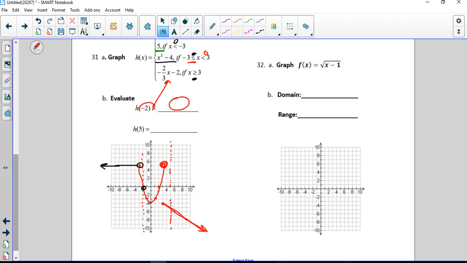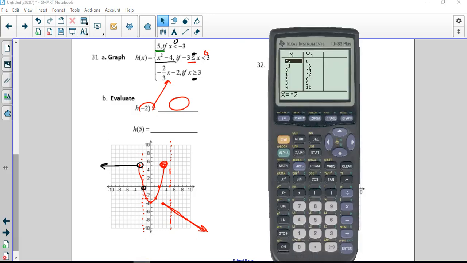Okay, so where's 5 going to hit on this one? Again, it is kind of nasty because that's when we go back here and put it back in. So negative 2 divided by 3x minus 2.